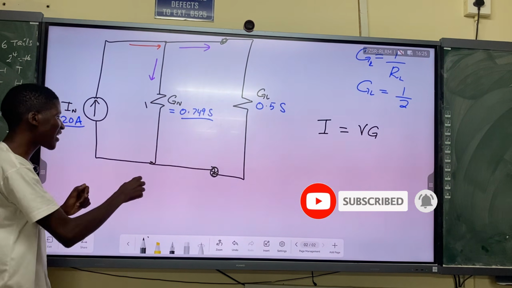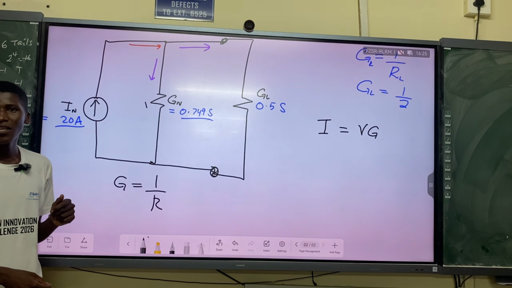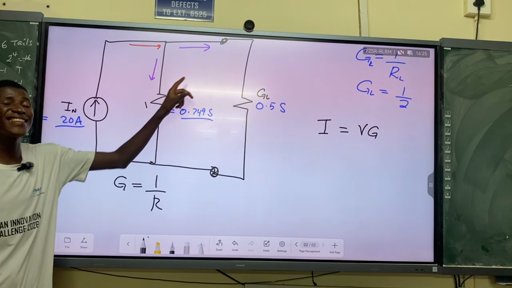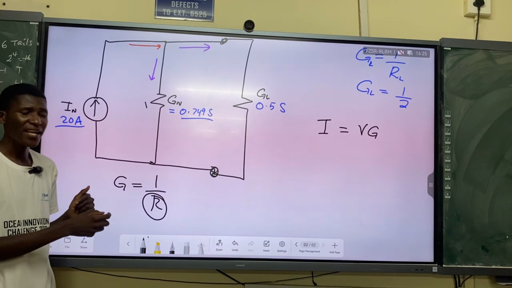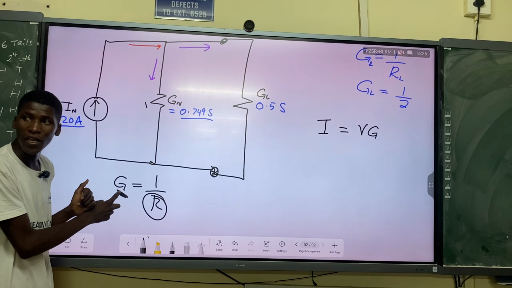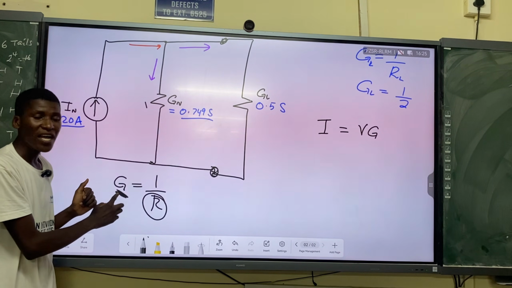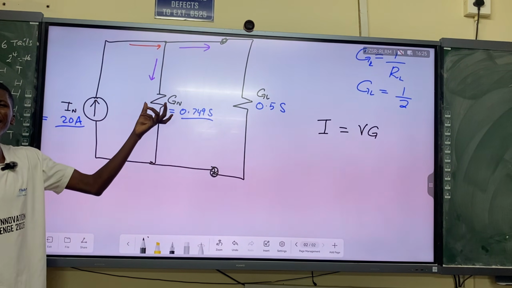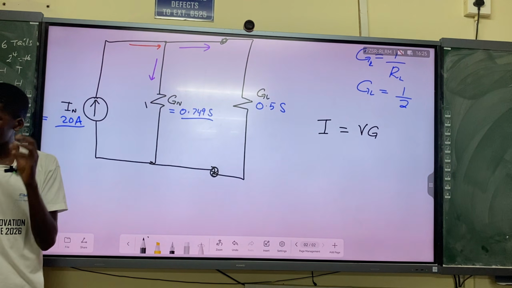If you do the resistance, G is equal to 1 over R. When you divide by a bigger number, this number becomes smaller. When you divide by a smaller number, this number becomes bigger. So current enters where there is more conductance. That means there is less resistance.